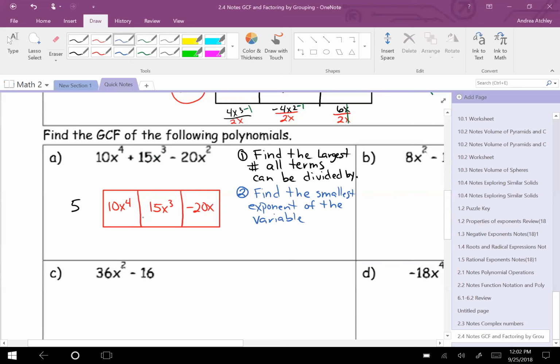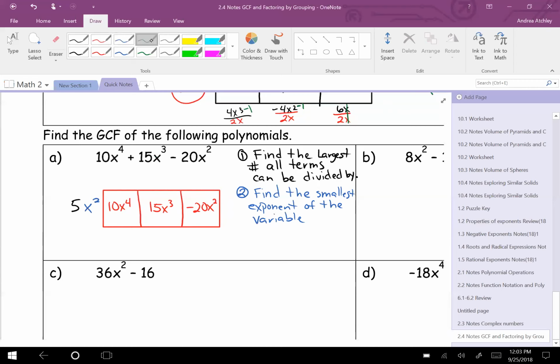So what's the smallest exponent we have here? Oh, that should be a 2, and I didn't write it in. 2. Okay. So my smallest exponent is the x squared. So that's what I can pull out as the x squared. Does that make sense? And then we're going to divide them all.